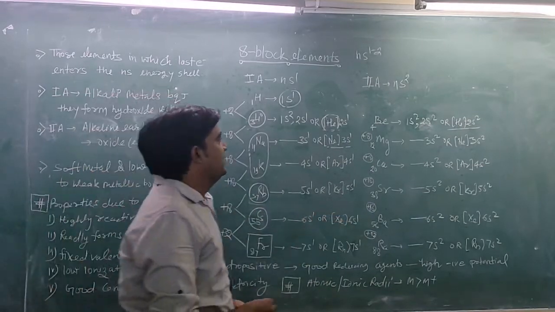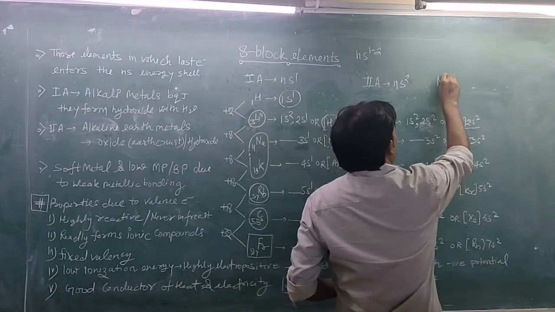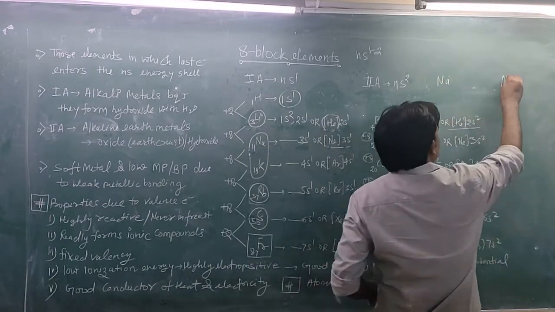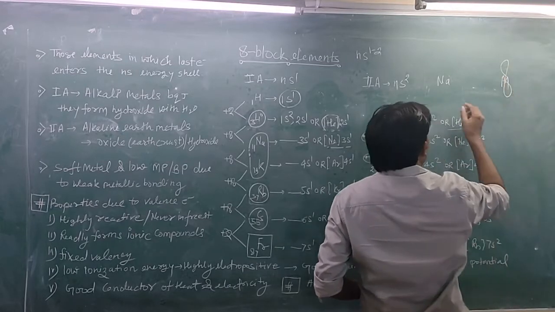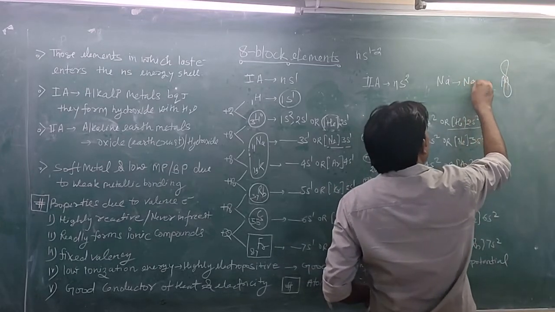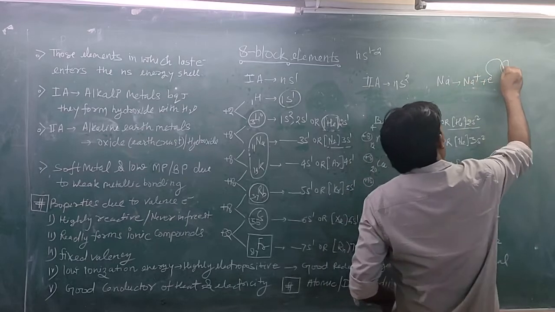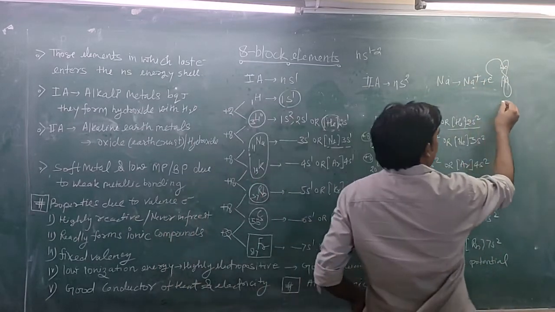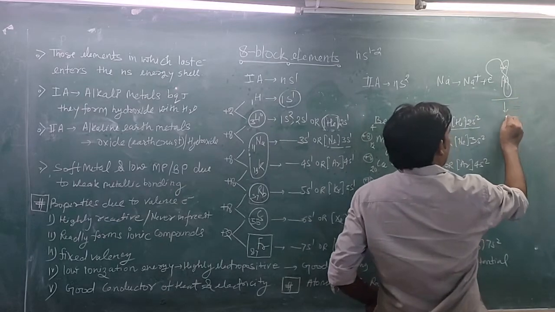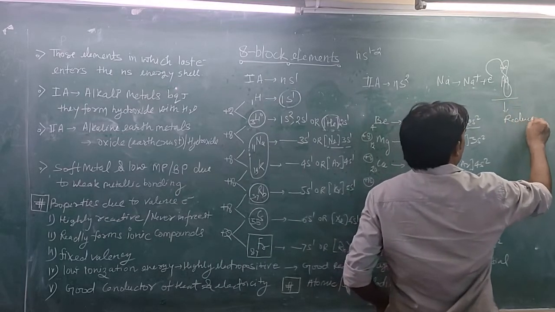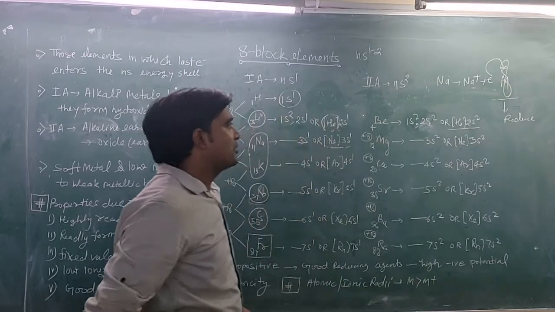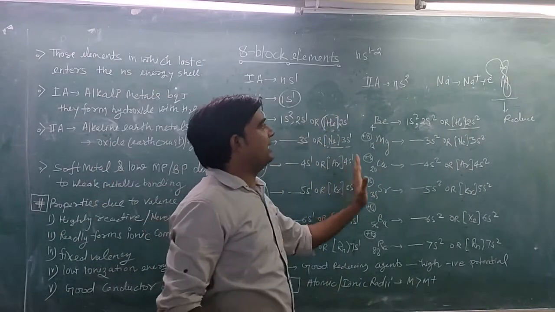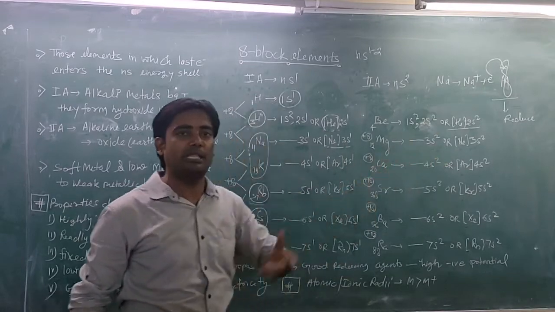Suppose here is sodium and another species is M, which is electron deficient, with a vacant orbital. Then sodium can release one electron into the vacant orbital of the other species. So this species is reduced because it accepts the electron. These elements can easily donate the valence shell electrons to reduce other species.